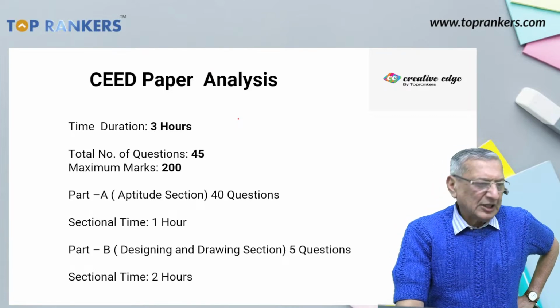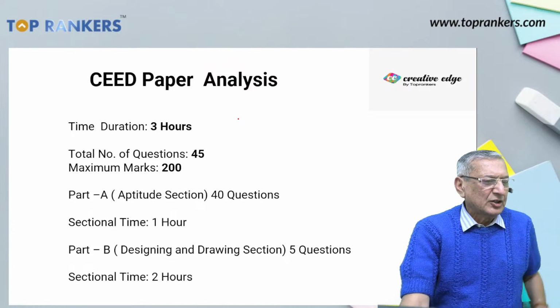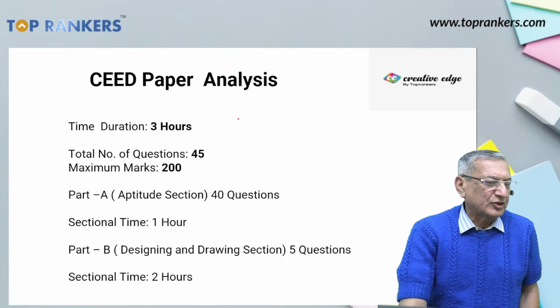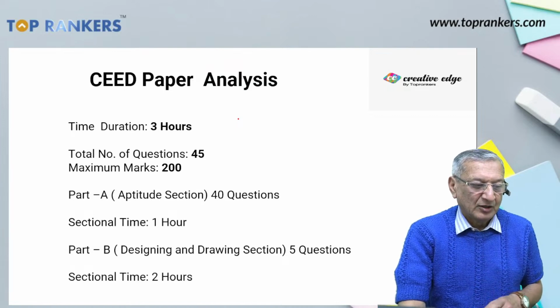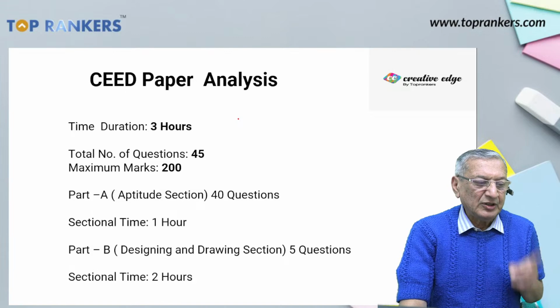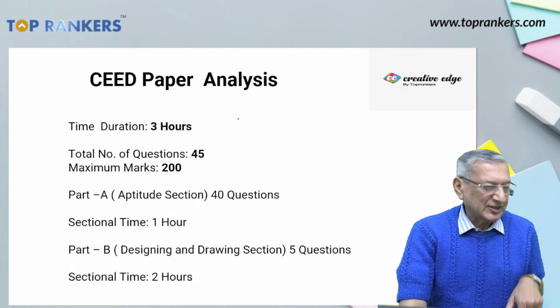Right, friends? I come to the SEED paper analysis. Time duration is 3 hours. The total number of questions is 45. Maximum marks are 200. Part A is the aptitude section, with 40 questions, and the section time is only 1 hour. What was it in the UCEED? 2 hours 40 minutes, 2 hours 30 minutes.